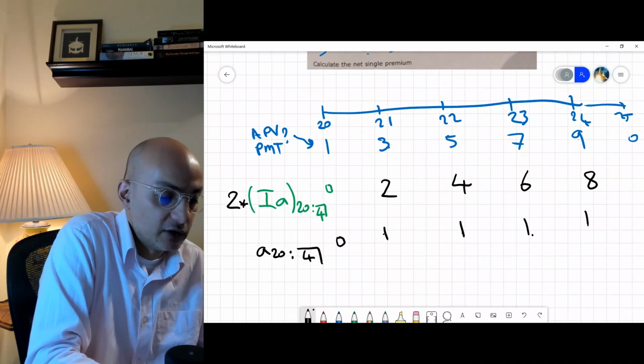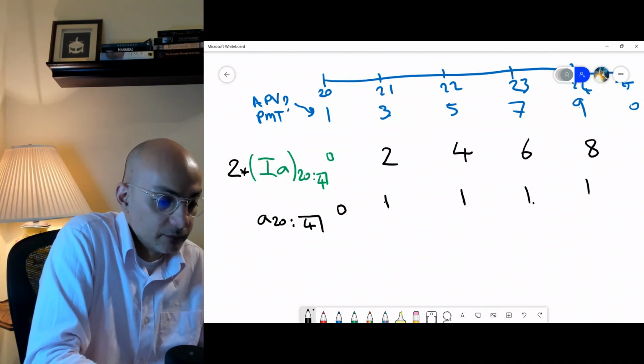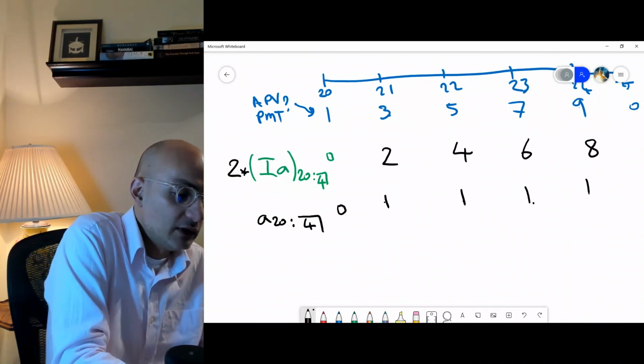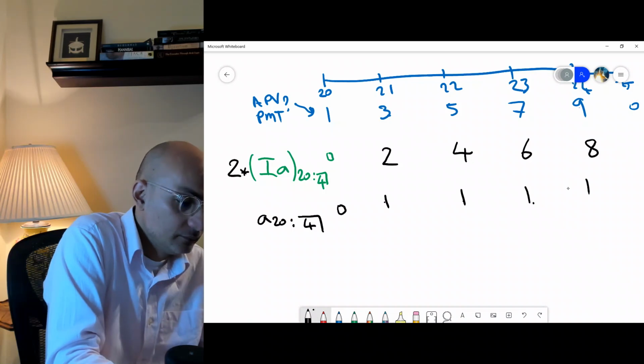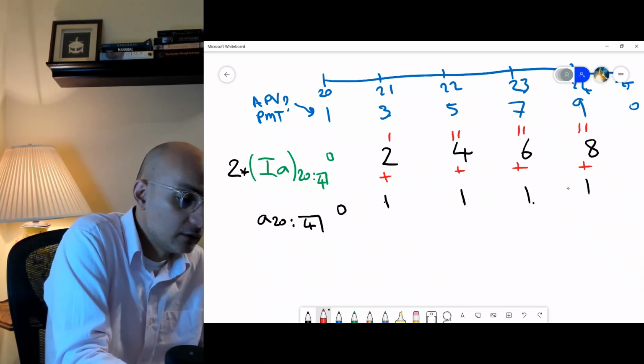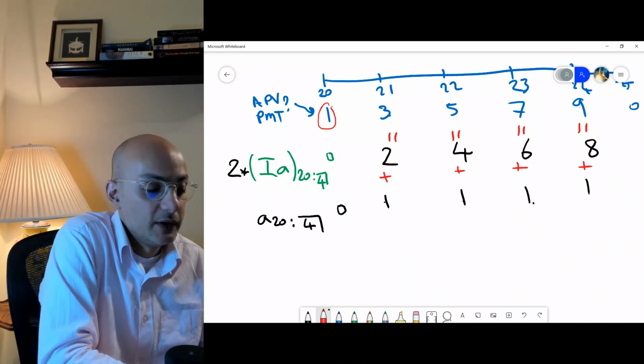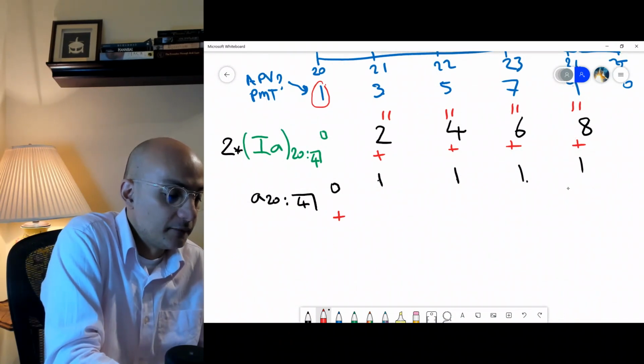It gives us $4 paid at different years. We're almost there. If you add this, this gives you this, this, and this. The only thing we are missing is 1. Simple, this one is easy. Let's add another one.